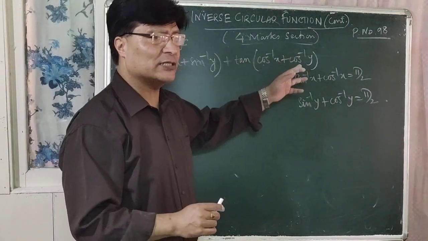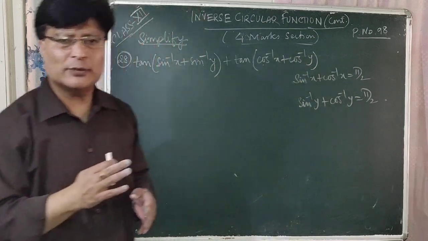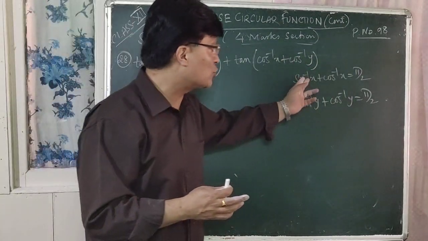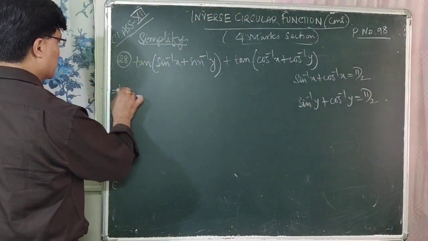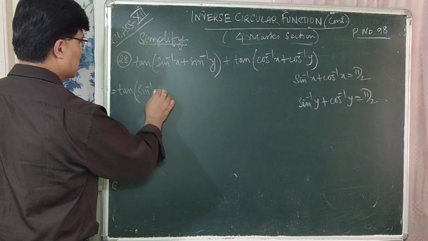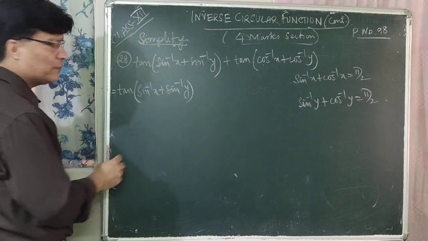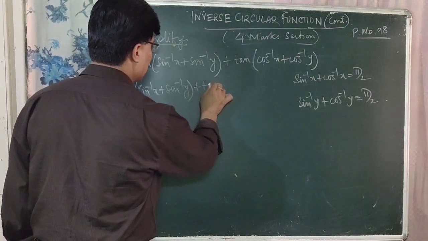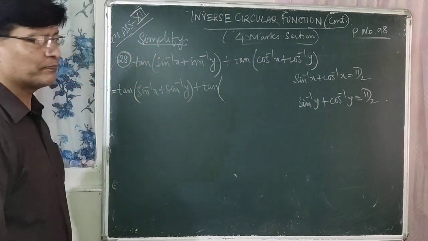Let us change this second term, that is cos inverse x and cos inverse y, into sin inverse x and sin inverse y using these two formulae. Right? So now the first term remains the same, sin inverse x plus sin inverse y, right? Plus tan of, now within bracket, what do we write?